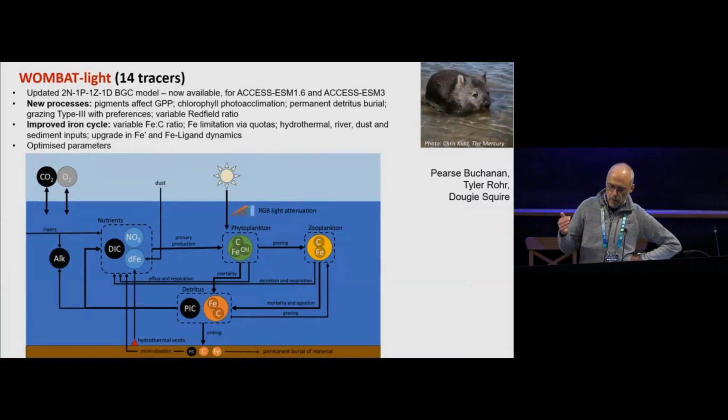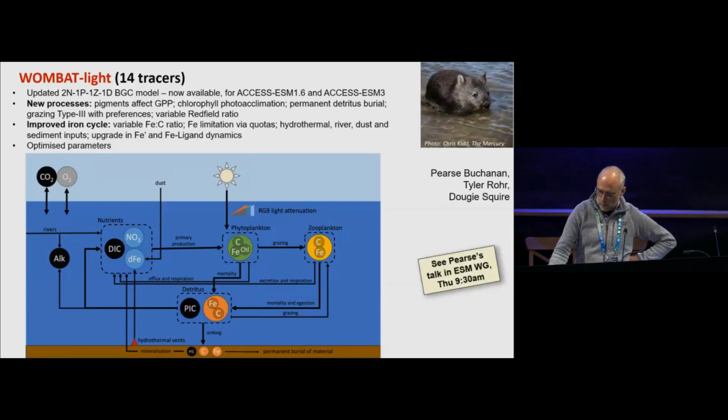So this is a multi-step process, and the first step is WOMBAT-lite, which he will talk about tomorrow, I think. And it basically improves the iron cycle, has better representation of chlorophyll and variable stoichiometry in these various BGC components.